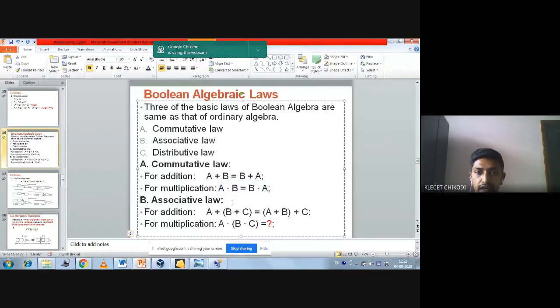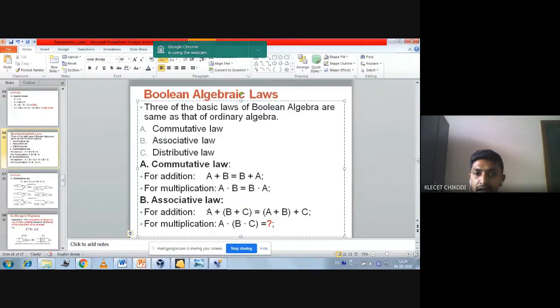Similarly, the associative law for addition: A plus (B plus C) is equal to (A plus B) plus C. So how to read this actually? There is a technique to read this.